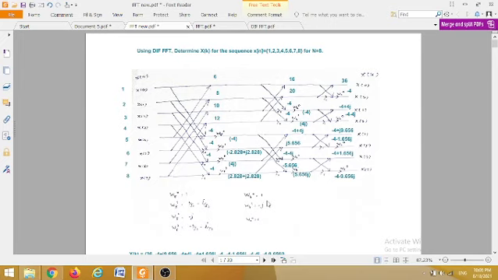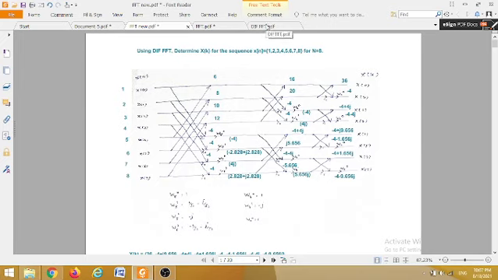So it is e power minus j pi by 2. So it is minus j. So W4 power 1 and W8 power 2 both are the same. Multiplying the numerator by 2 and the denominator by 2, you will be getting W8 power 2. Both are one and the same. So the DIF FFT can be calculated in this manner.